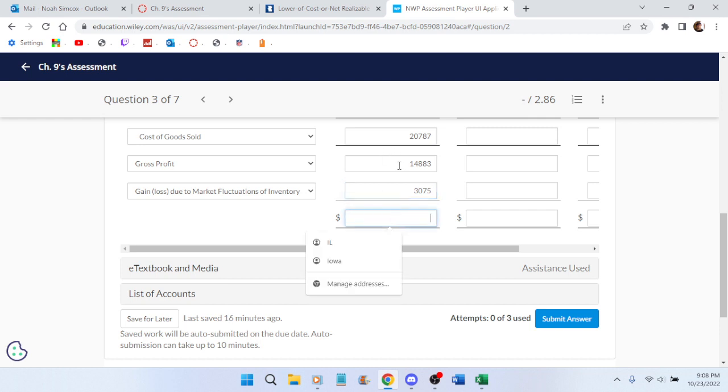So therefore you have this minus this, and then 14,883 minus 3,075 is 11,808.